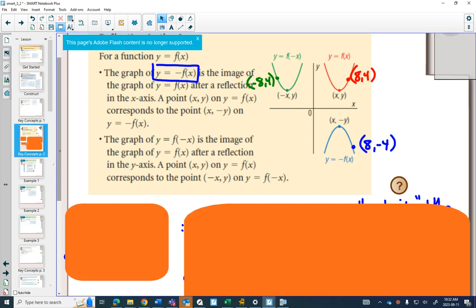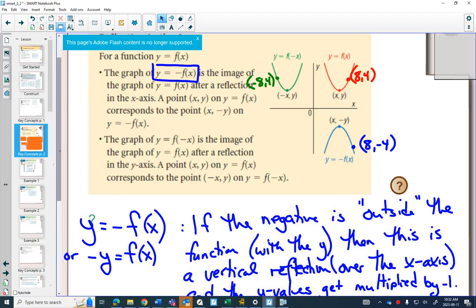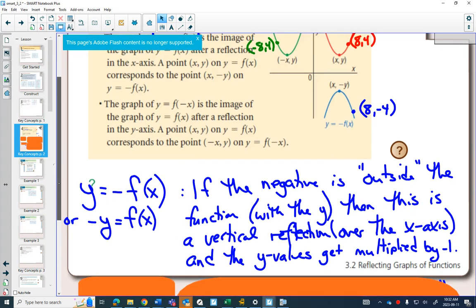And then beside this, I'm going to get you to write the following. So we're going to start by writing y equals negative f of x. Sometimes the negative might be on the other side. And sorry if my writing is atrocious.